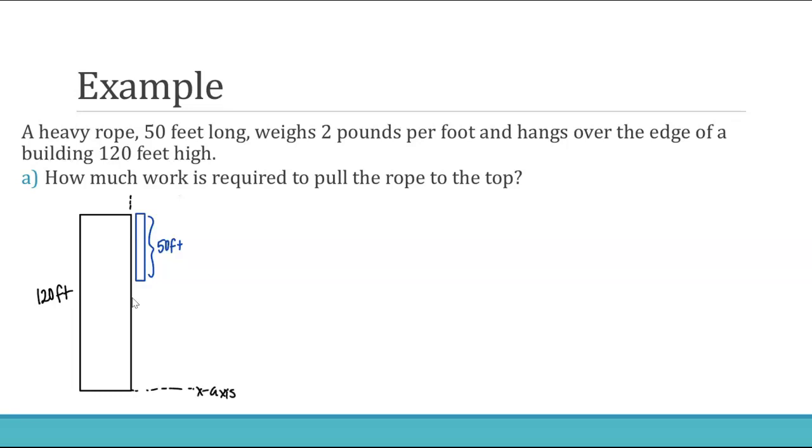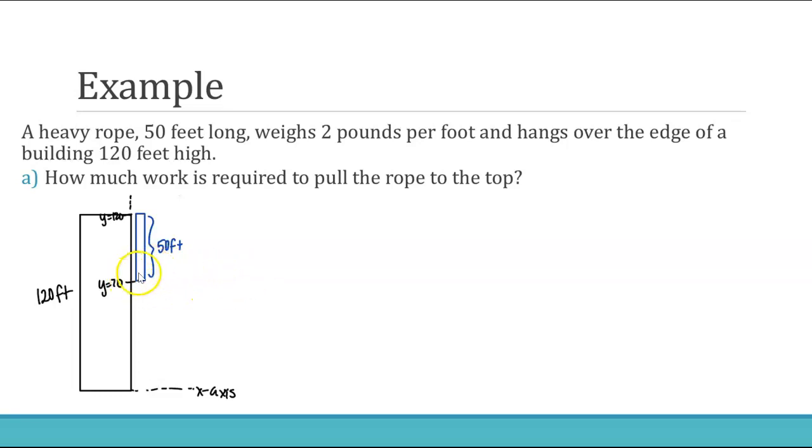And so the rope is initially dangling there from that height of 120 feet, and it being 50 feet long means that the y value where the bottom of the rope is dangling would be at a height of 70 feet. So I'm going to say that's y equals 70 feet high. And then again, the top of the building is 120 feet.